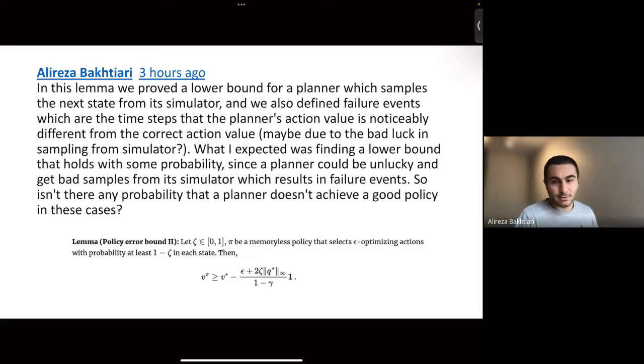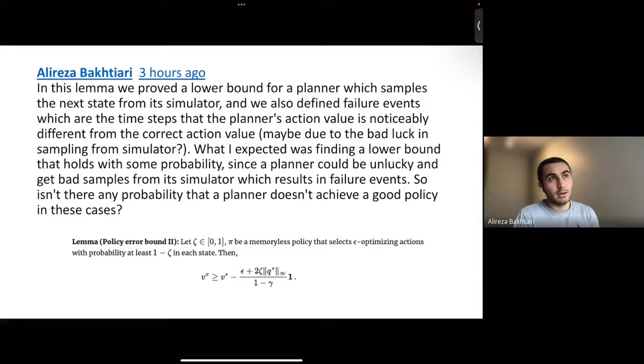Just to restate the question, I expected the first lower bound that we proved in the lectures to hold only with some probability, because there is a random element out of control of the agent, and there is always a chance that the planner happens to get what I think was called a failure event, when the next state the planner gets from the simulator is noticeably different from the actual next state.